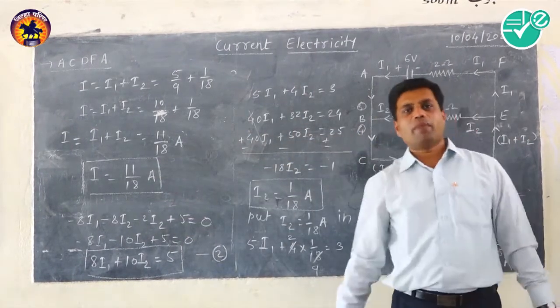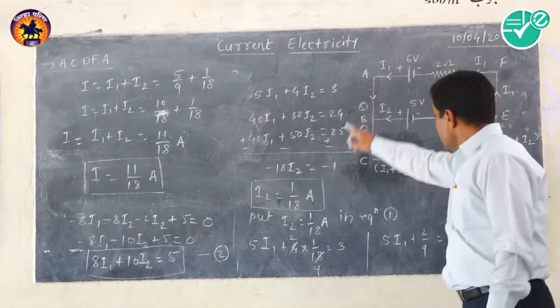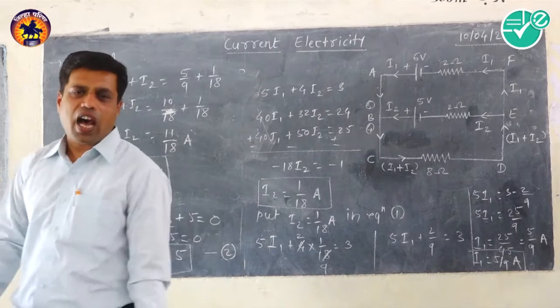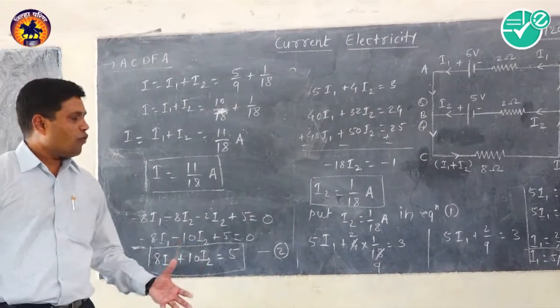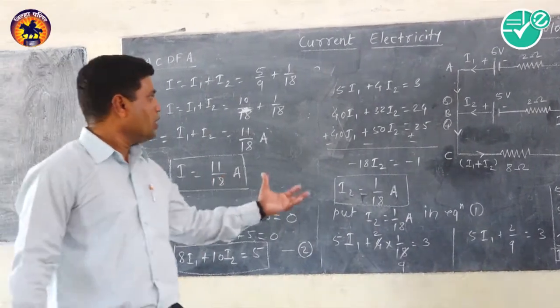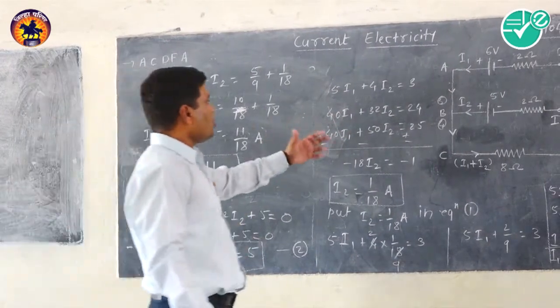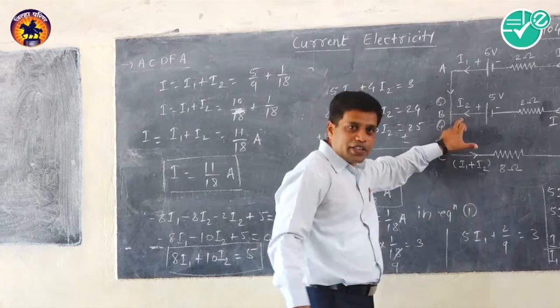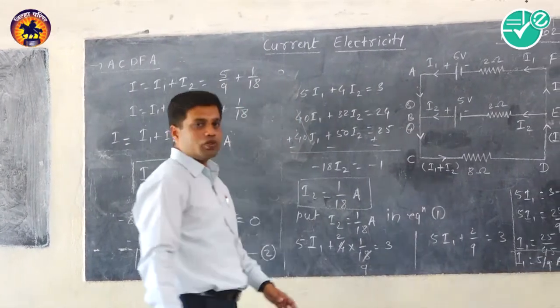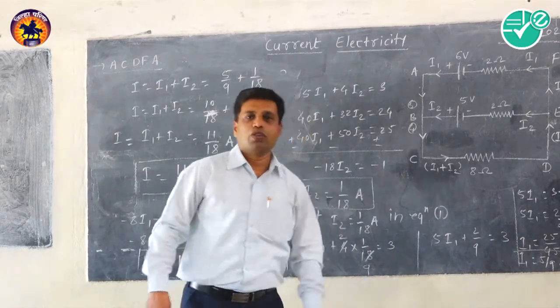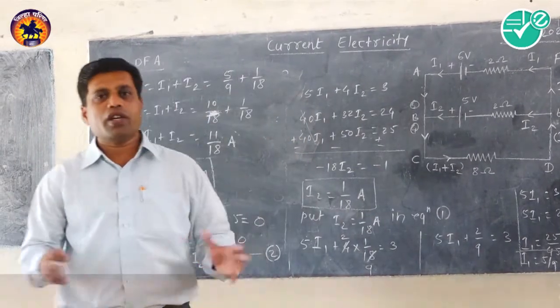So like this, by applying Kirchhoff's voltage law, you can solve the given problem which has been asked to you for calculation of the total current flowing, the current sent by the first battery, or the current sent by the second battery, that is I2, or the total current flowing in the circuit, meaning I1 plus I2. With the help of this method, you can calculate these values.